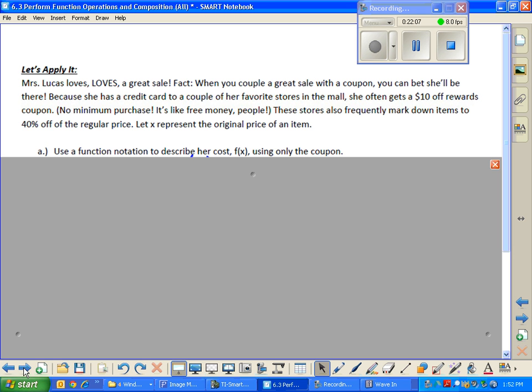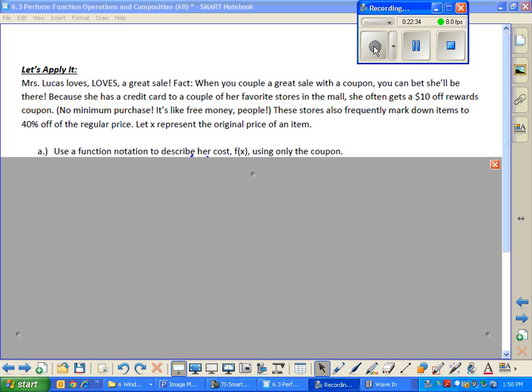C and D have you writing some composition of functions: how does the equation work out if they take the $10 off coupon first and then the 40%? And in the next one, if they take the 40% off first and then the $10 off. In part E, you're asked to analyze the difference between the two equations to tell me which one's better. So I'll go ahead and give you a couple minutes to think about that.